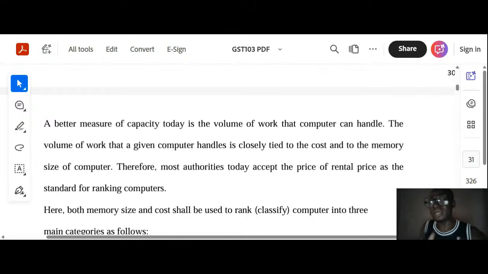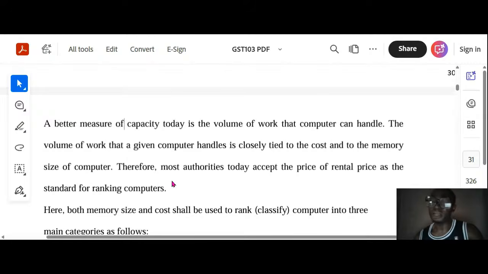But in our modern days, based on the advancement in technology, because technology is now pursuing making things smaller and working smarter, they are now using the principle of compactness. So in this modern age, we cannot say that the size of a computer is what shows the capacity. Rather, the volume of work your computer can perform is what shows the capacity.